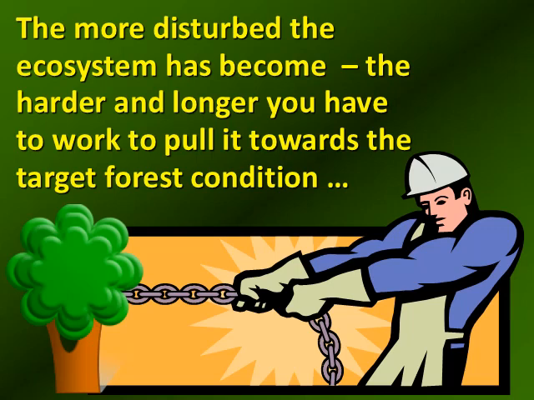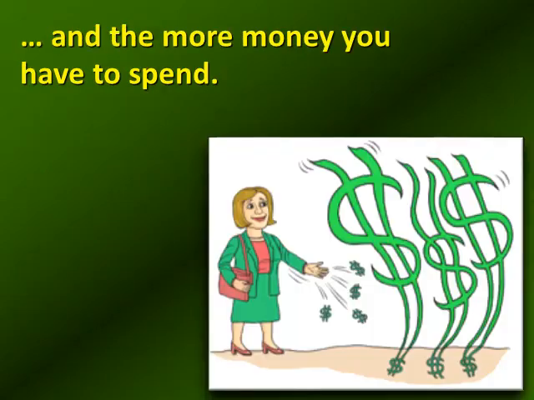Obviously, the more disturbed the ecosystem has become, the further back in that diagonal line towards the upper left-hand corner of the previous diagram you are, then the harder and the longer you have to work in order to pull that ecosystem towards that target forest condition that you are after.